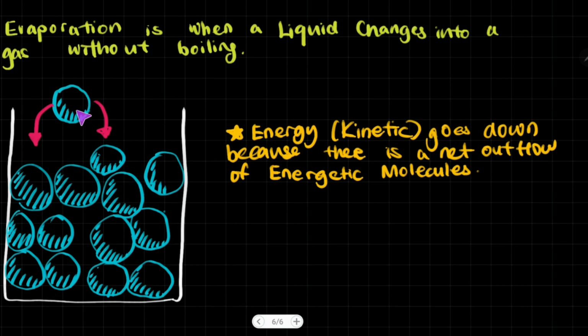It's because the more energetic molecules, the ones with more kinetic energy, tend to have the ability to escape altogether, and they have the energy to overcome the potential and the intermolecular forces and leave, which leaves everyone else with an average lower energy, because this is an above average energy molecule. The rest, obviously, are going to be left with a slightly below average energy. So that's why evaporation leads to cooling, and that's why we sweat, etc. And we can also say that it goes down because there is a net outflow of energetic molecules.